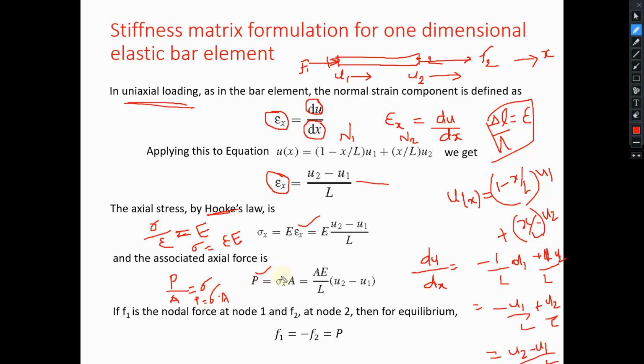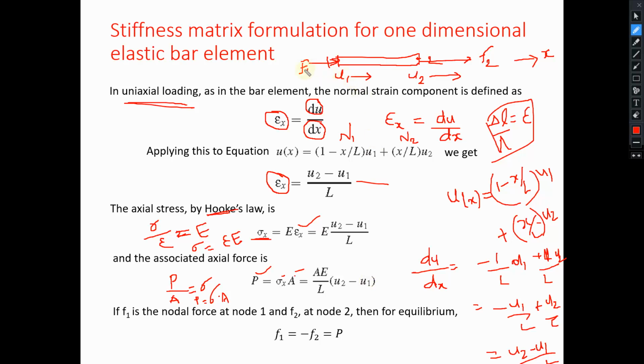P is equal to sigma x, the stress along the x direction, into area is equal to sigma x into A, that is equal to sigma x ന്റെ വാല്യൂ നമ്മൾ ഇവിടെ നിന്ന് സബ്സ്റ്റിറ്റ്യൂട്ട് ചെയ്യുകയാണ് A into E by L into u2 minus u1.